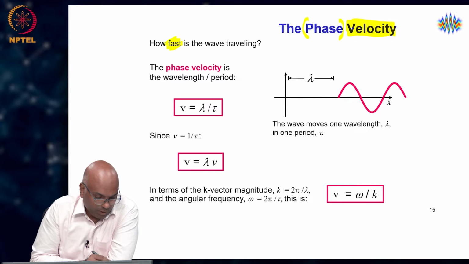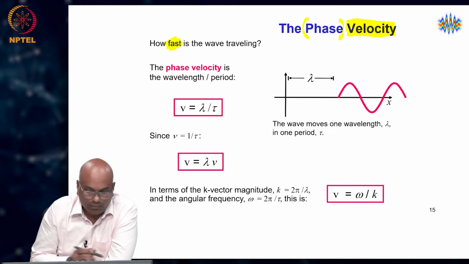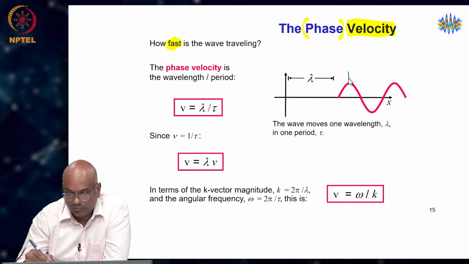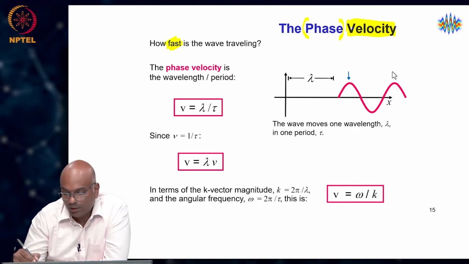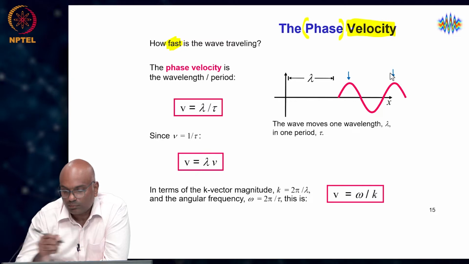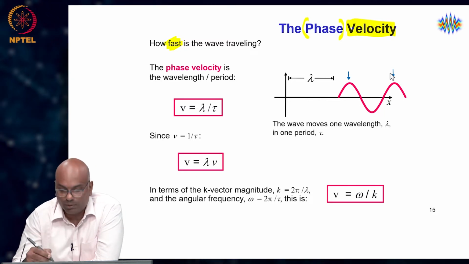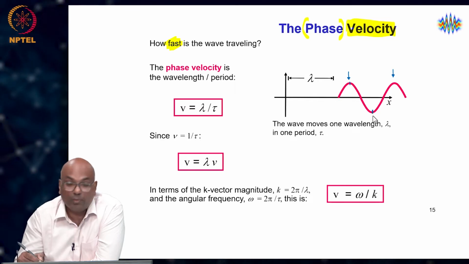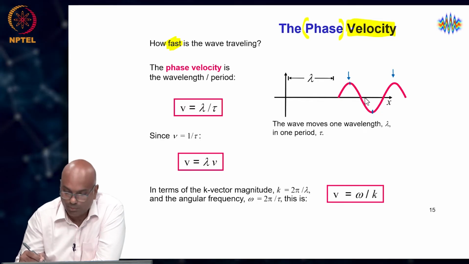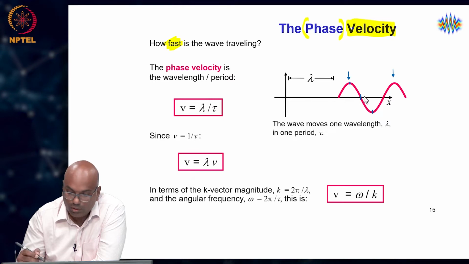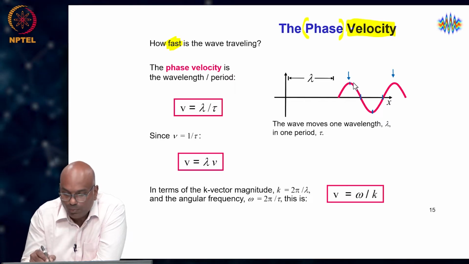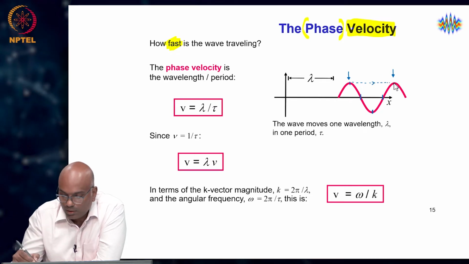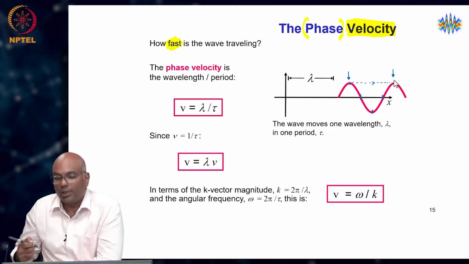And it is important to realize that what is moving in this wave is a particular point, like the maximum, or the positive maximum or the negative maximum or the zero crossing point. These points, it seems, are propagating or moving.